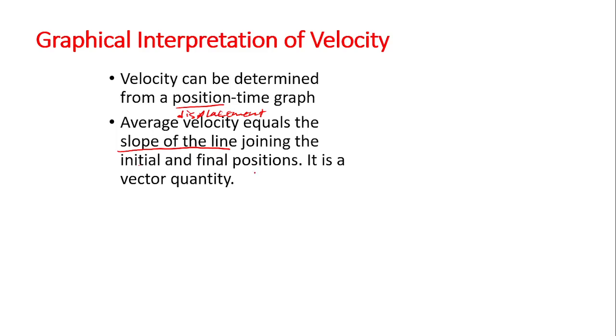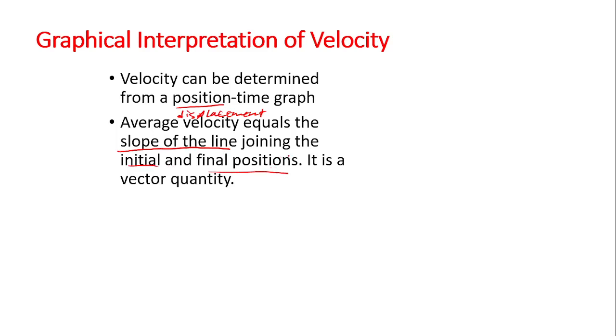When you miss out the theory side, the application will be very hard for you. So the velocity can be determined from the displacement time graph, and the average velocity equals the slope of the line joining the initial and final position or displacement.